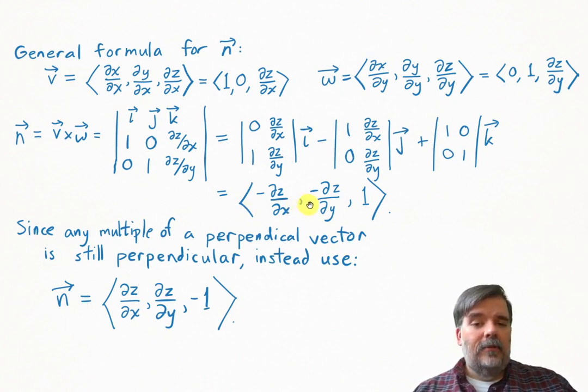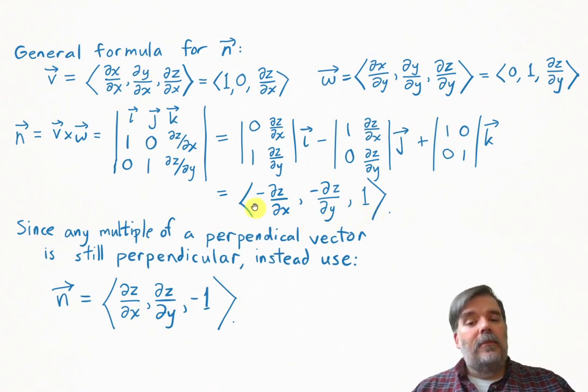Any multiple of a perpendicular vector is still a perpendicular vector. If we were to do scalar multiplication on this vector, it changes the length, but not the direction. So we could theoretically multiply this vector by anything we want, and it's still perpendicular.